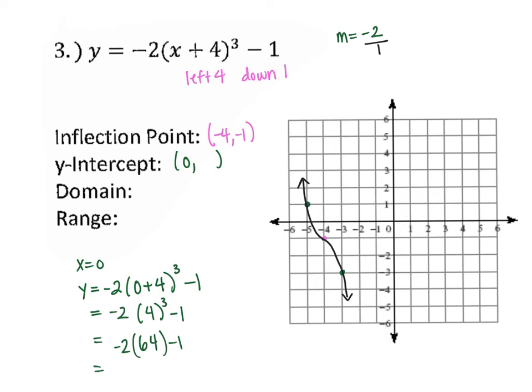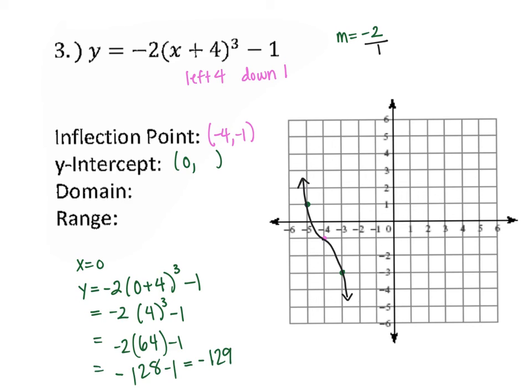So -2 times 64, that's going to give me -128, and if I subtract 1 from that, that's going to give me -129. Wow, that's a big number for y.